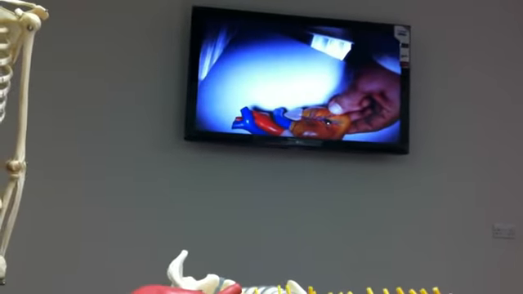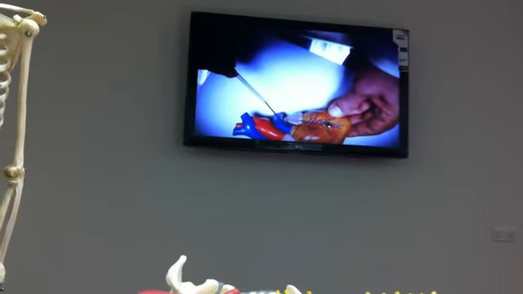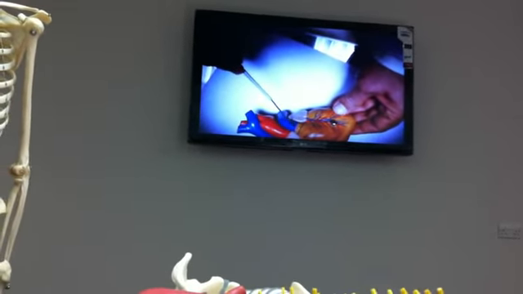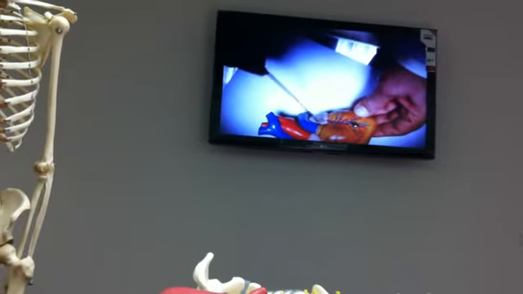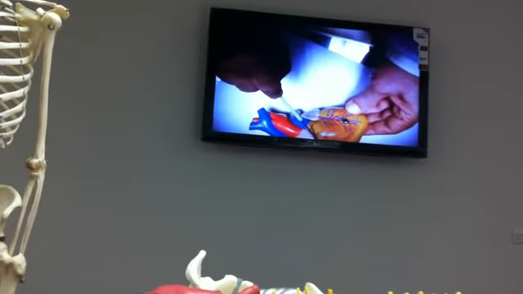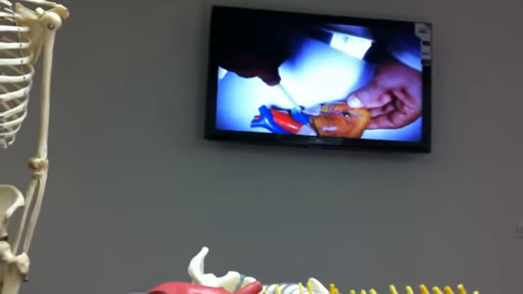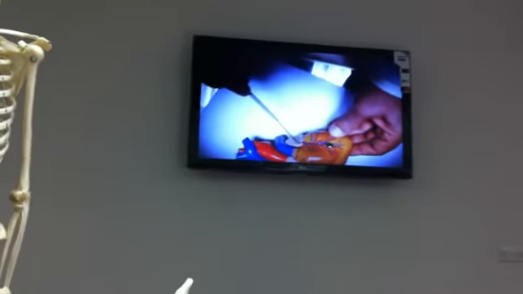So what do you see in this picture? What is this? This is the right auricle, and what is this? Right coronary artery. What is this?